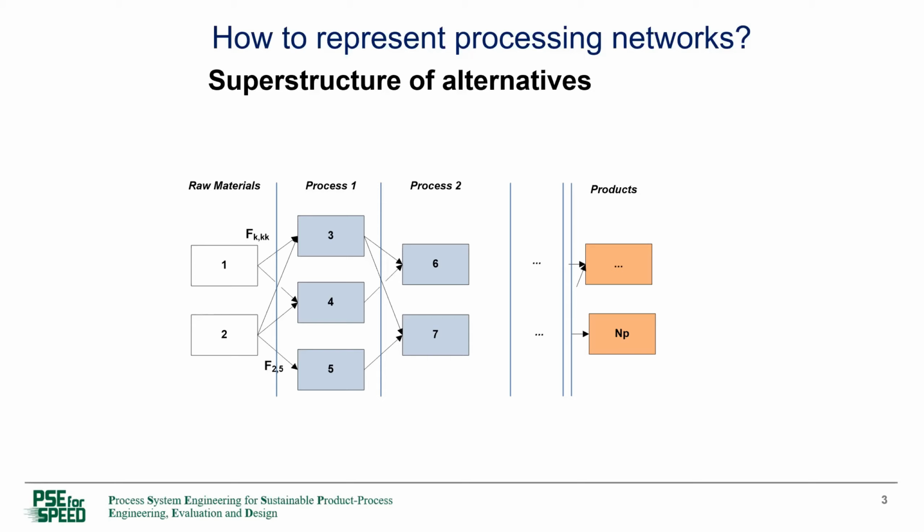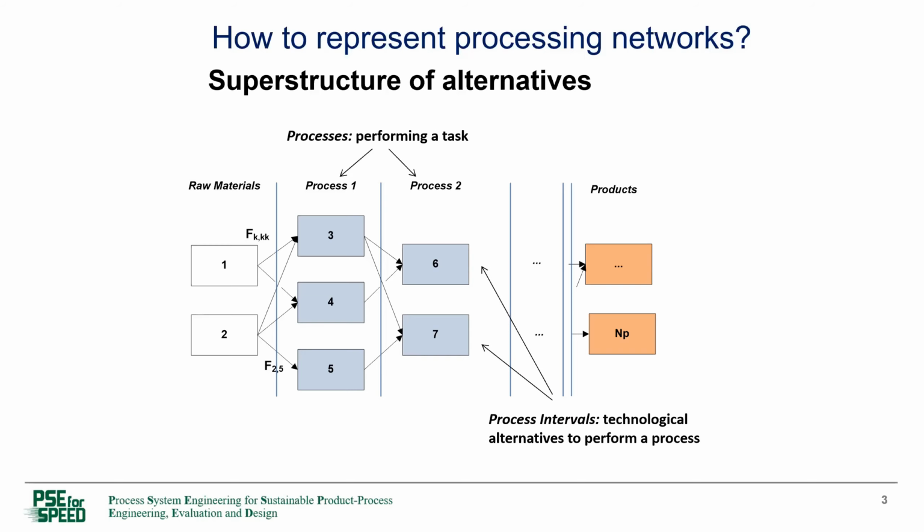So you can see that even in this simple case, one needs to find out which is the best. If we want to use one raw material and produce one product, what is the path, the flow sheet, that will give us this product?